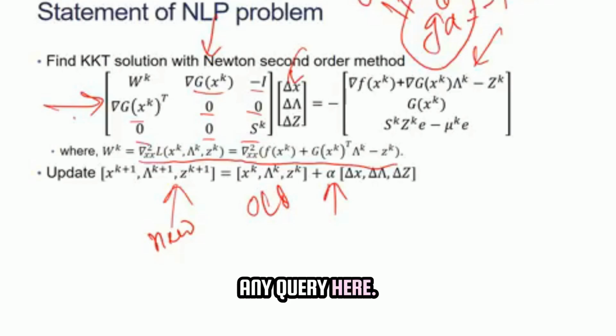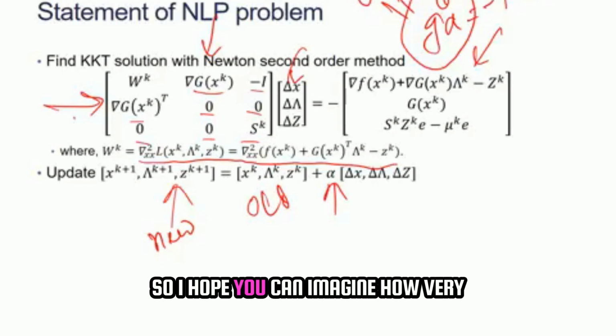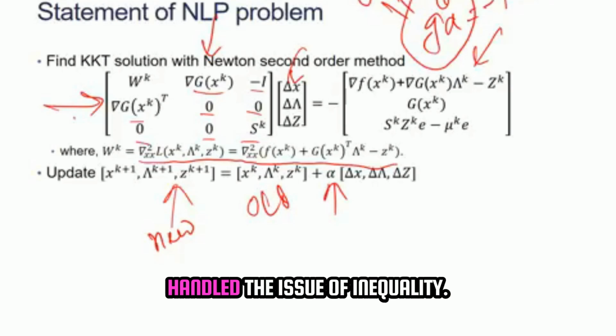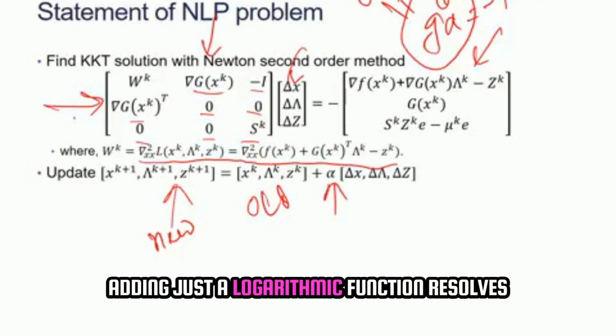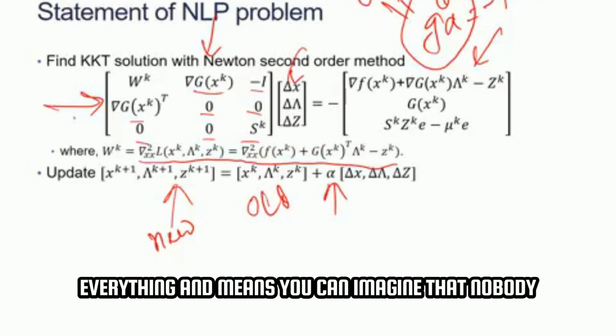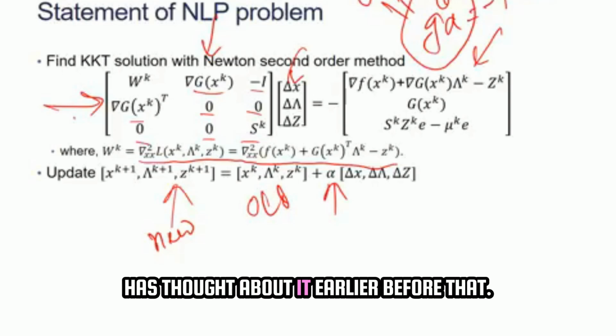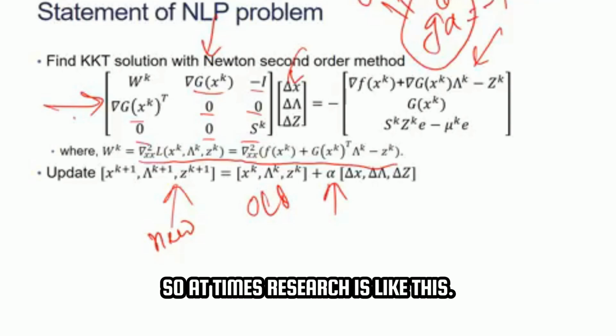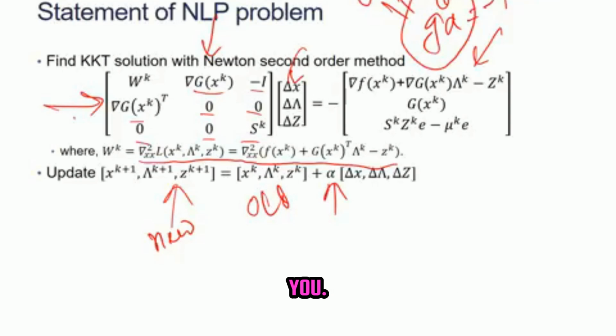Any query here? So I hope you can imagine how very simply or very creatively they have handled the issue of inequality. And it looks very simple. Adding just a logarithmic function resolves everything, and you can imagine that nobody had thought about it before that. So at times research is like this.